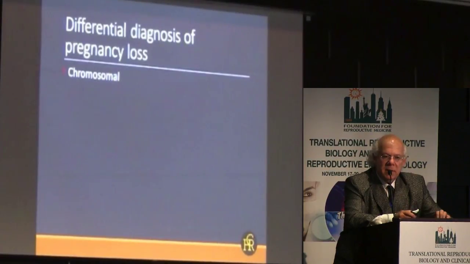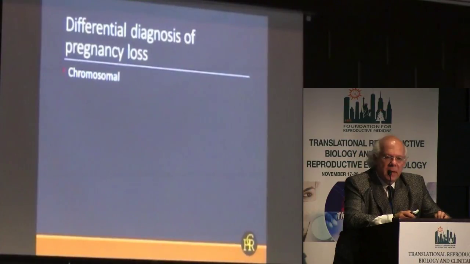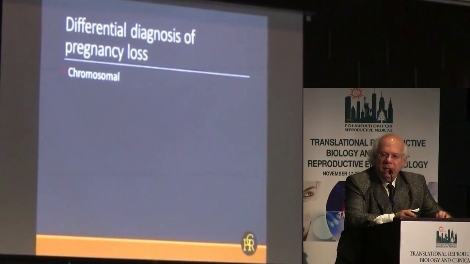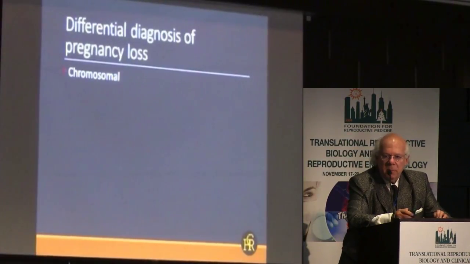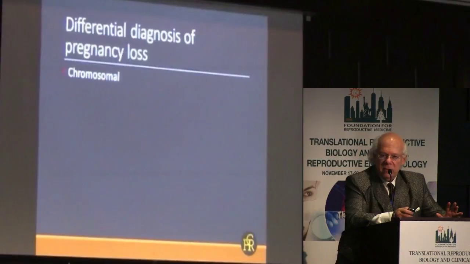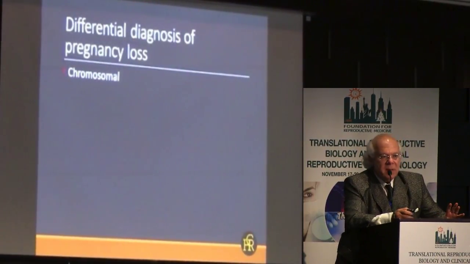In other words, and I think this is an important point to make, history is crucial here, taking a detailed history, because your patient does not have to wait to fulfill the criteria of being a repeat aborter, which is usually 3 consecutive pregnancy losses in the first trimester, or 2 with one being in the second trimester.